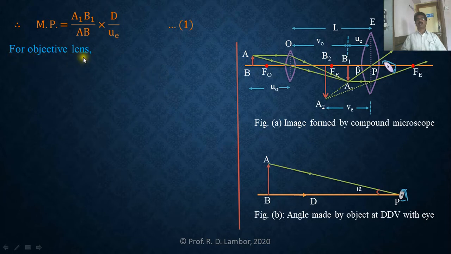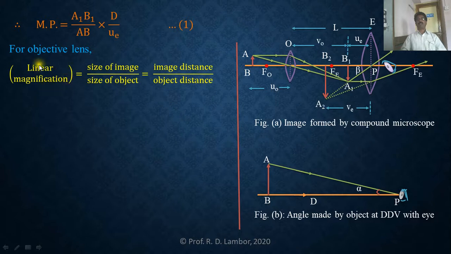So for the objective lens, linear magnification can be written like this: the ratio of size of image to size of object, which is also equal to image distance upon object distance.